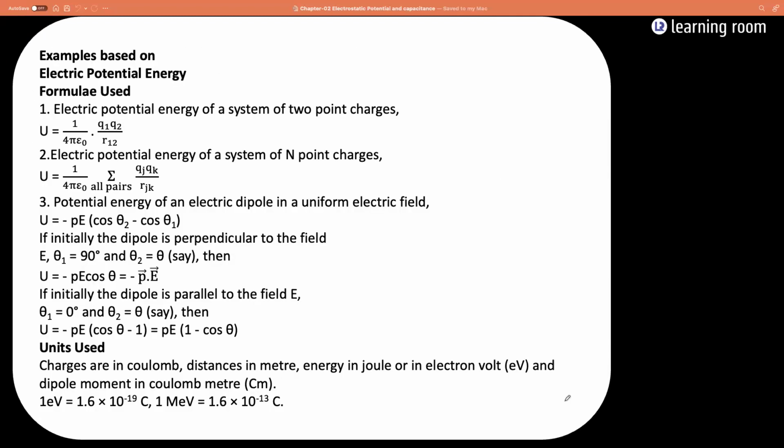So till now we saw the problems that are based on potential, work done and the relation between electric field and potential. Now we will concentrate on the concepts of electrostatic potential energy.